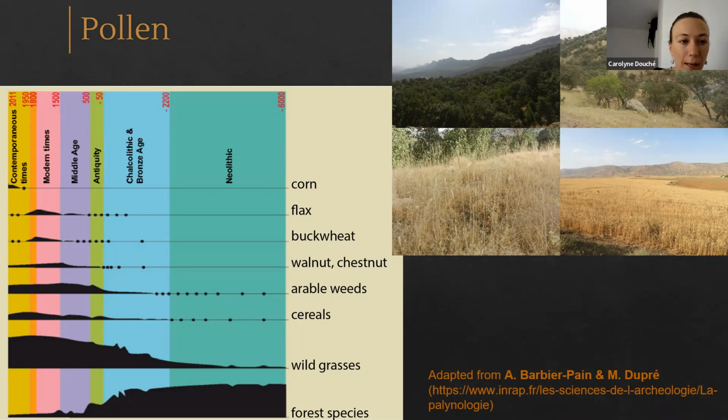So here you have an example of a very simplified pollen diagram, showing, for example, a decrease of the forest species, and on the other side, the extension of wild grass. So it can refer to a change in environment.